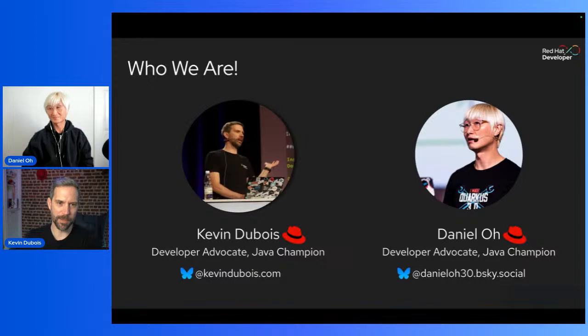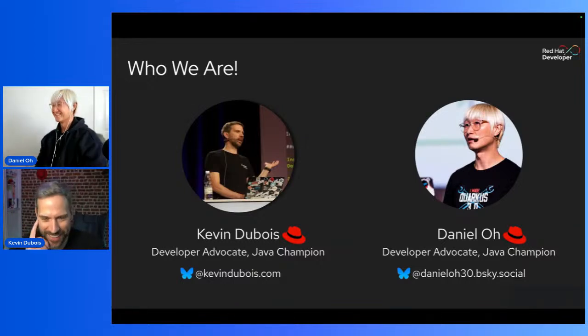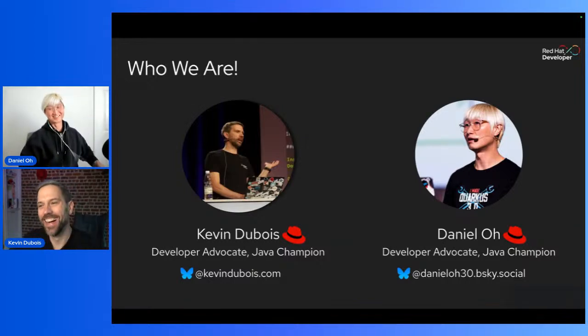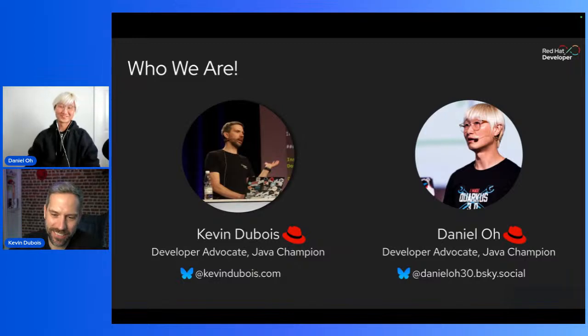You're going to talk a little bit about yourself. Oh, man, I have to talk about myself. I'm Kevin. I'm based in Belgium. I'm also a Java champion, just like Daniel, and just like Frank, and just like everybody on this conference, I think. I'm a developer advocate at Red Hat. My background is in software engineering.